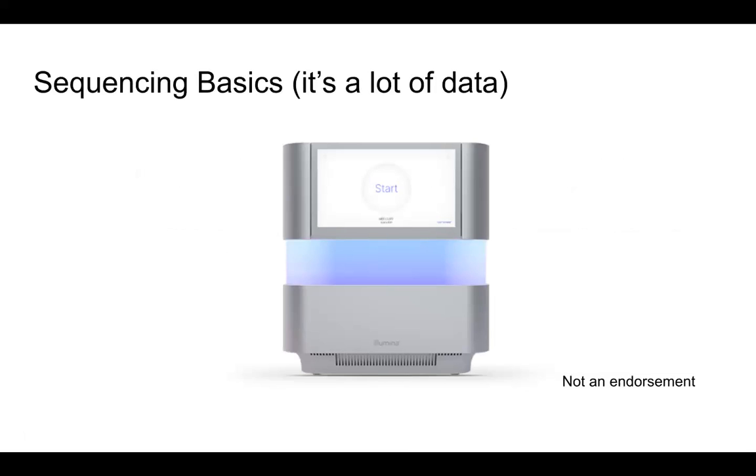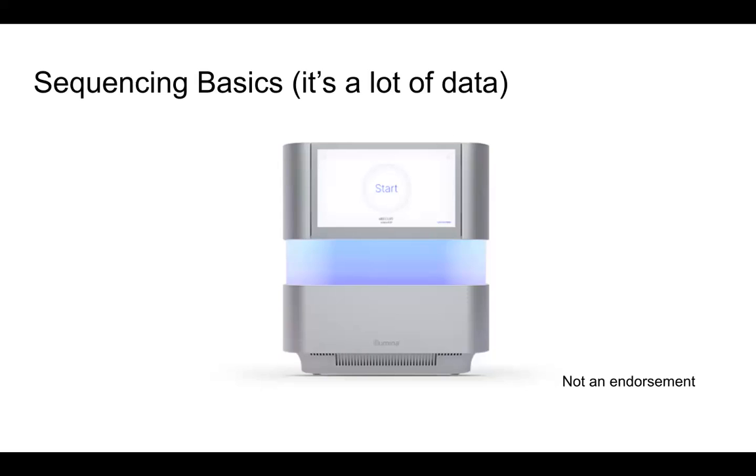So, sequencing data basics: it's a lot of data. This is an XSeq by Illumina, and this thing can pump out something like 44 human genomes in 48 hours. Transferring data can be an issue from these machines. It's really amazing what these things can put out now.